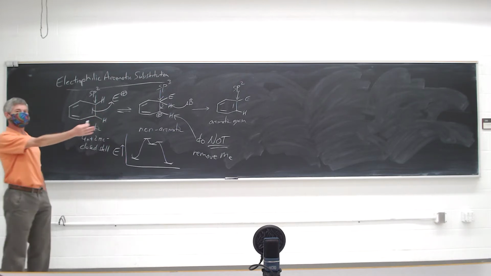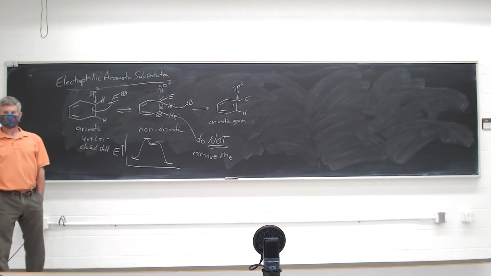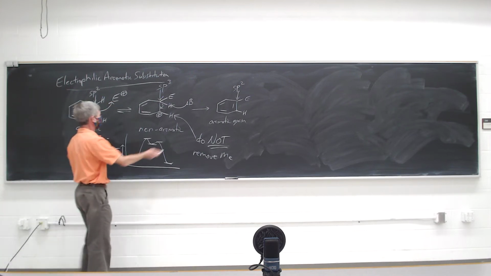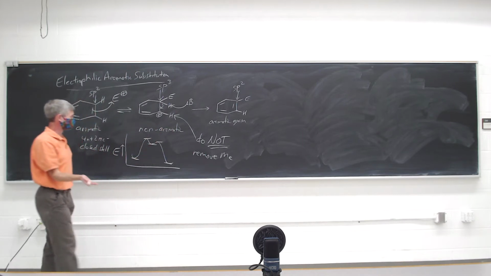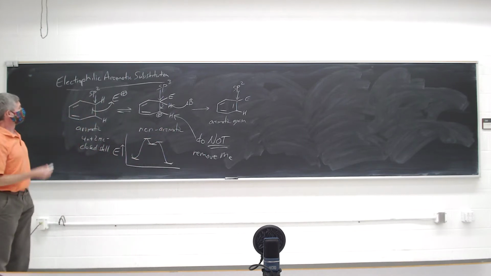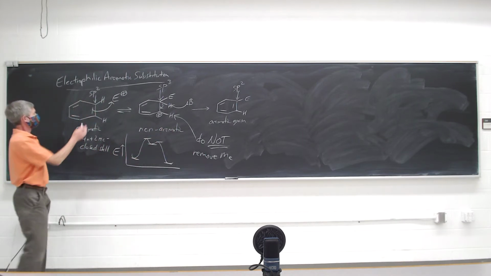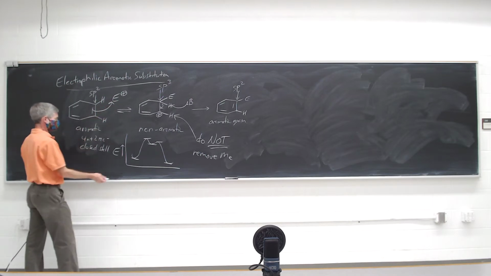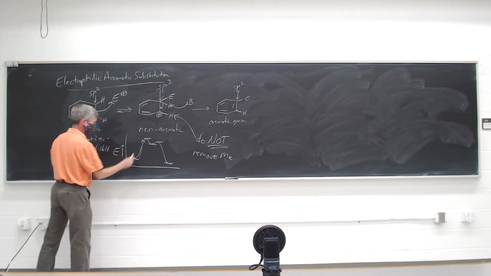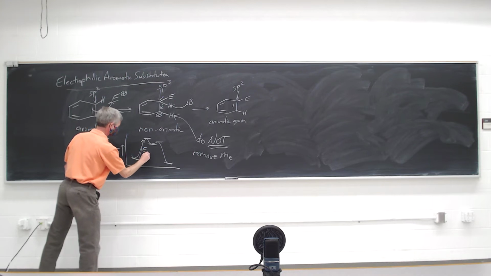So this mechanism is easy, right? You can't get this wrong. Attack the electrophile, take the proton off, regenerate the aromaticity, life is good. What's complicated is this is an aromatic ring, right? It's pretty unfavorable.